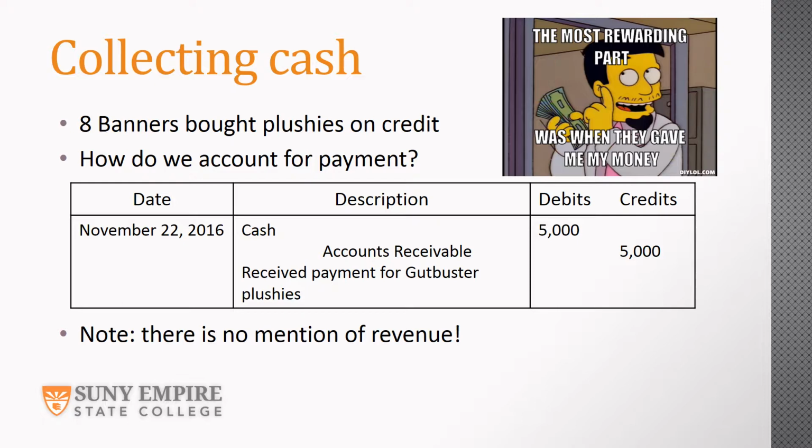The cash payment is to lower the amount due Polly's Plushies, which is their accounts receivable. So the matching entry will be a credit of $5,000 to the accounts receivable. The journal entry ends with a brief description of the particulars of the transaction, where the payment came from, and what the original purchase was.